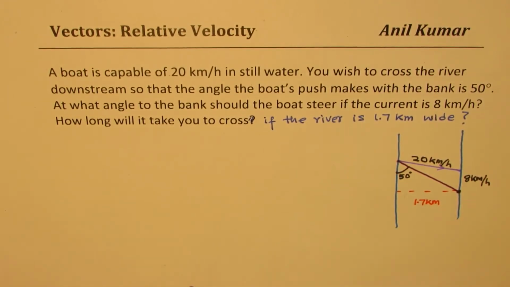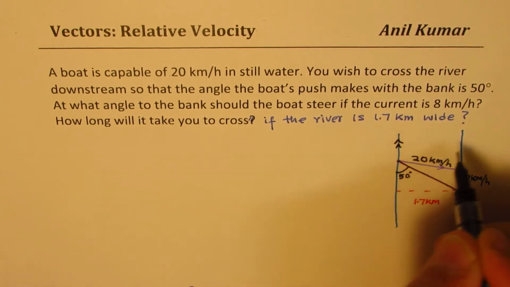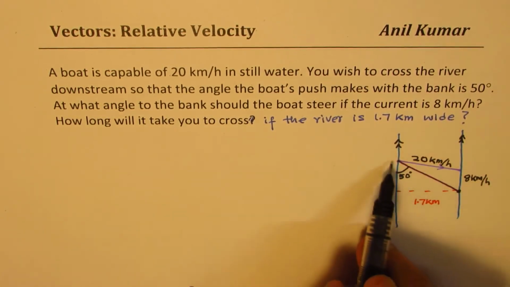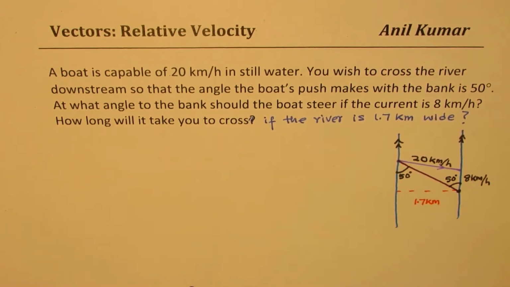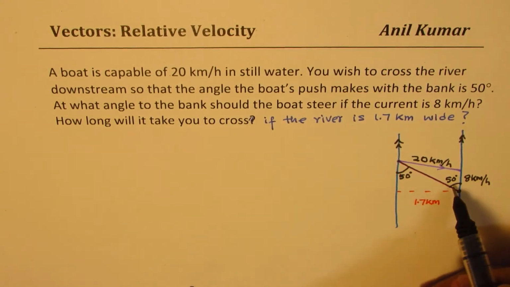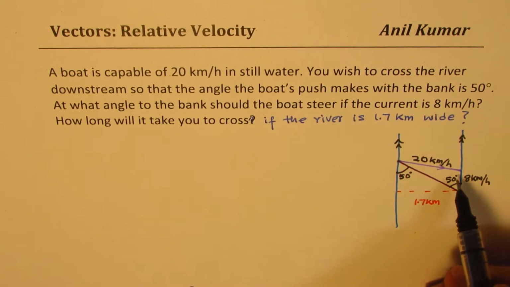Okay, now let's start working on the angles which we know. We know that these two sides of the river are parallel. That being the transverse, we know this angle here is 50 degrees. Now if you know a combination of an angle and the opposite side, you can use the sine law to solve the triangle.